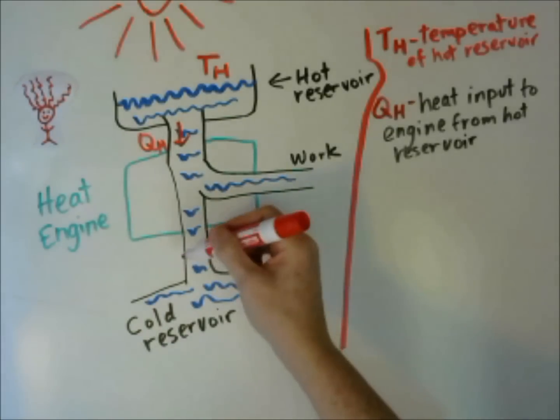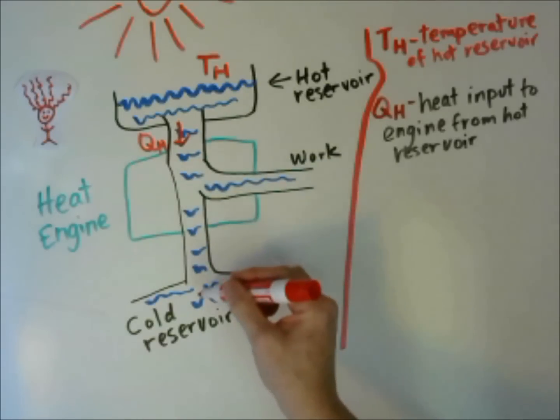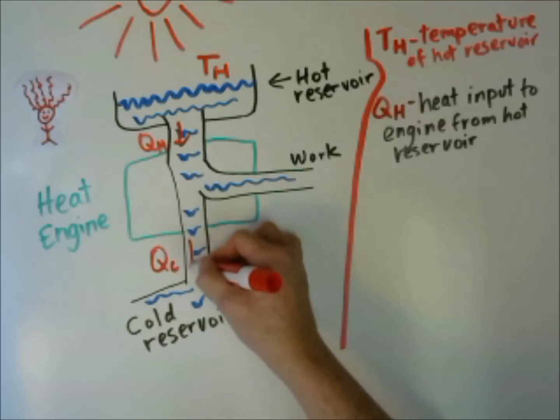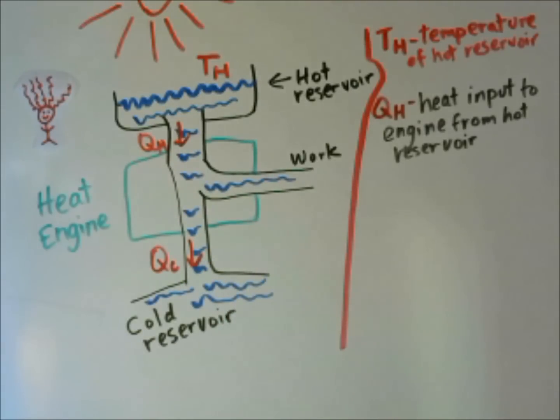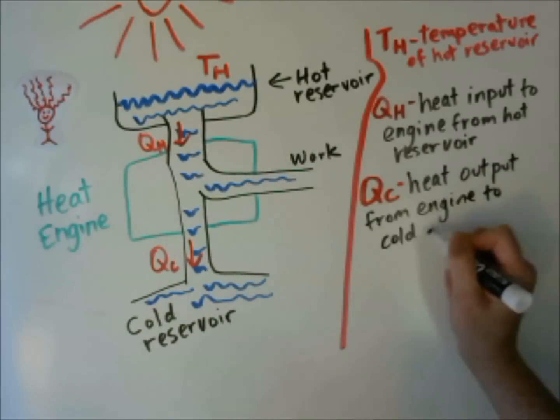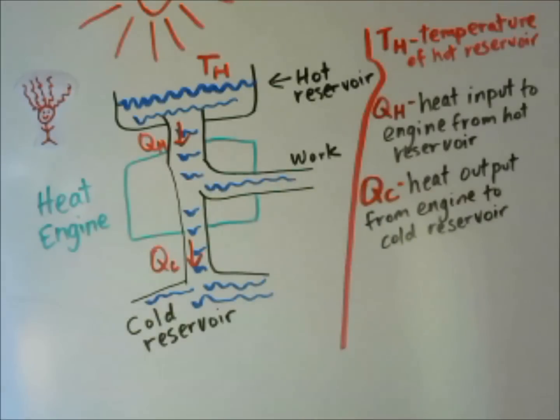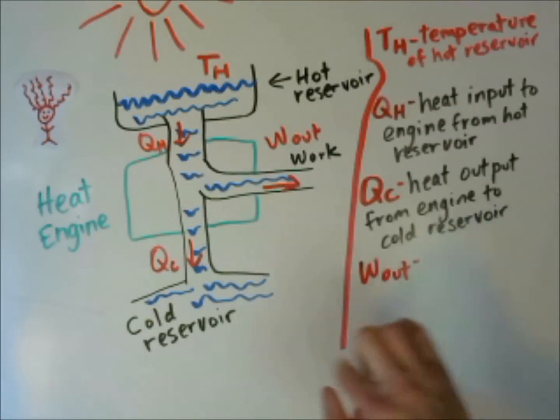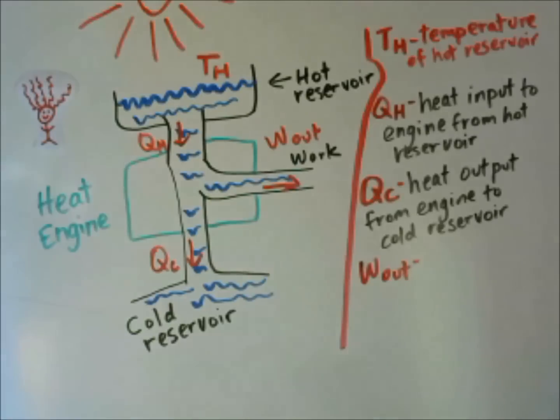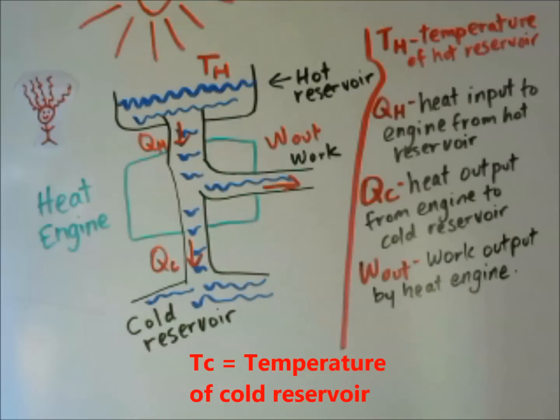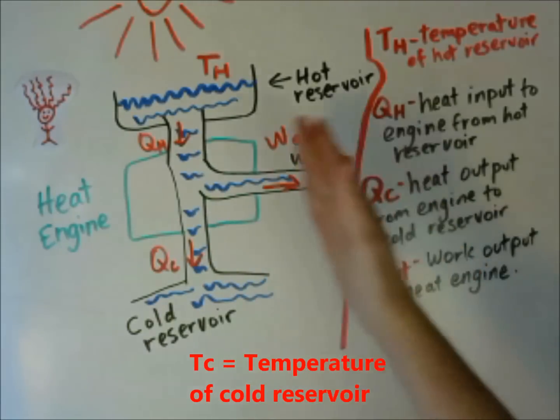We also have heat that comes from the engine to the cold reservoir, and we call that Q sub C. Q sub C is the heat output from the engine to the cold reservoir. The work that comes out of the heat engine is called W sub out. We also have Tc, which is the temperature of the cold reservoir. So those are all of our pieces.